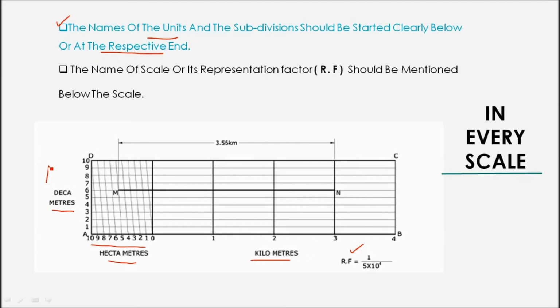Here at this side is decameters. And the next important point is that the name of the scale or the representation factor should be mentioned below the scale. This is a very important thing you should remember while drawing your scale. You should write it either in the middle or in the right hand corner. The representation factor should be mentioned below the scale. This is a very important consideration while giving marks for your drawing.